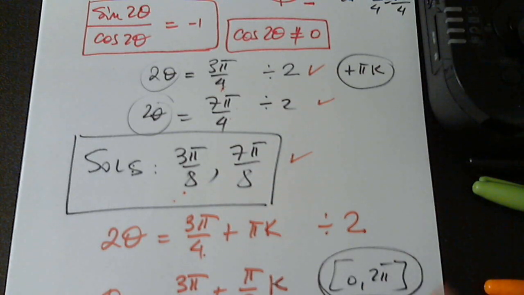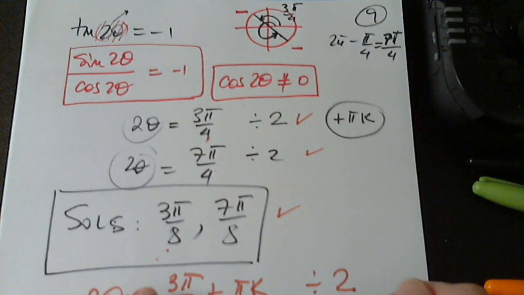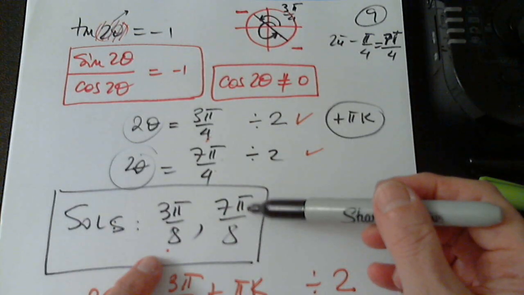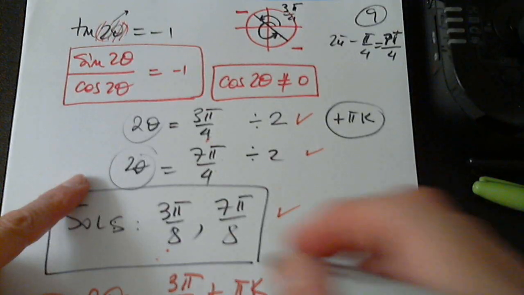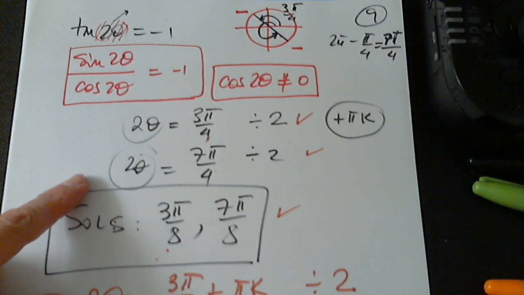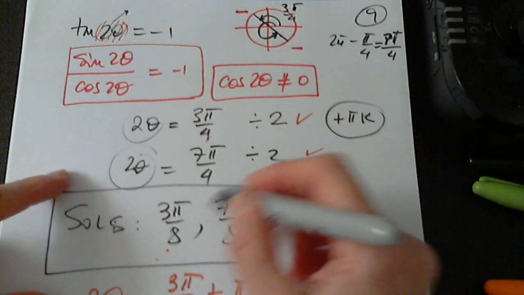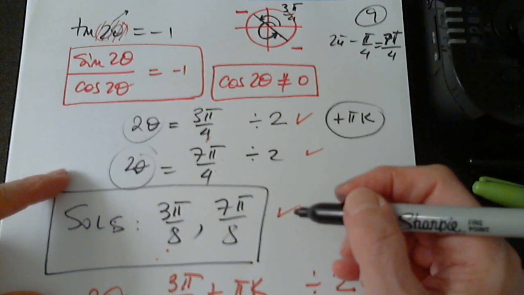Let me answer this. If the interval is 0 to 2 pi, you're done. You're actually correct, because if they say 0 to 2 pi, we have to find more solutions. That is what I was confused about. I agree. Only because these are such tiny angles, we have to continue.